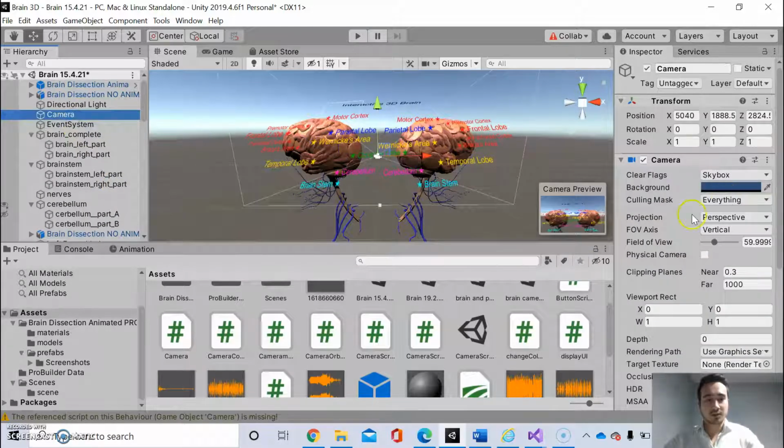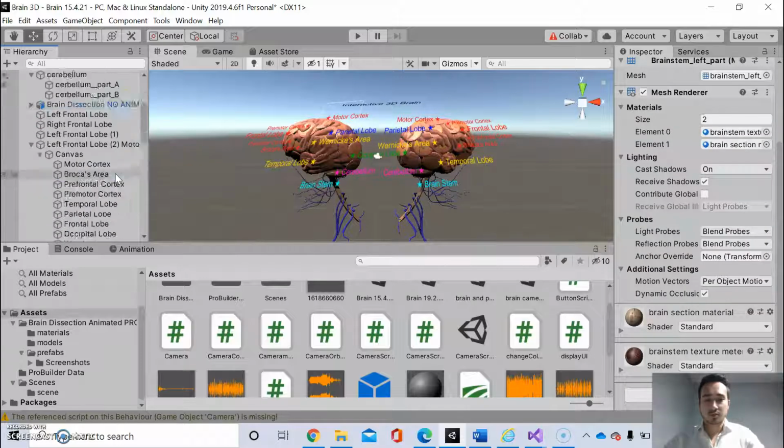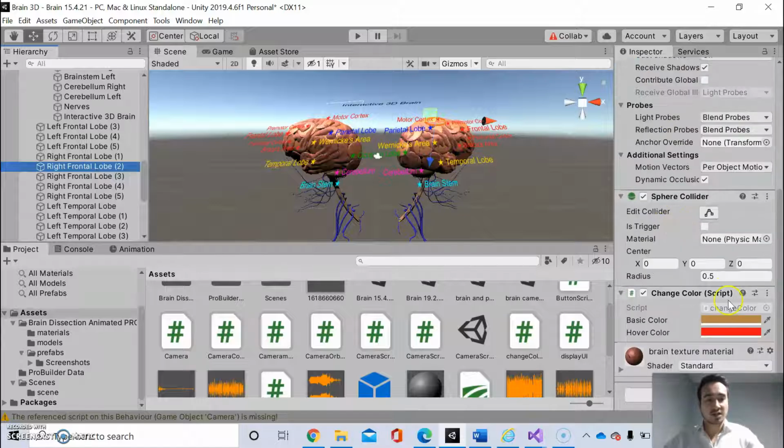The camera contains this rotate camera script that immerses the user in the virtual environment. The brain lobes contain this change color script, which provides the educational interaction.